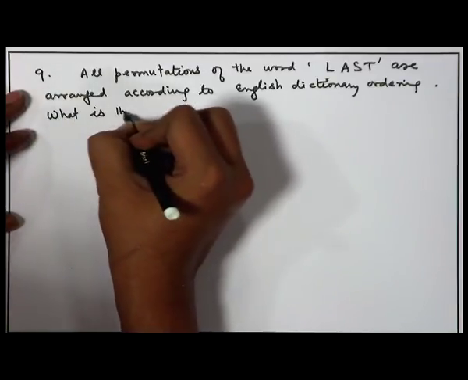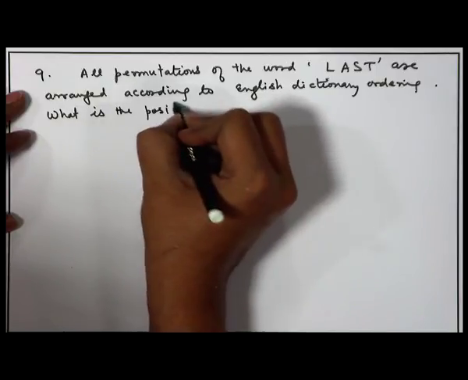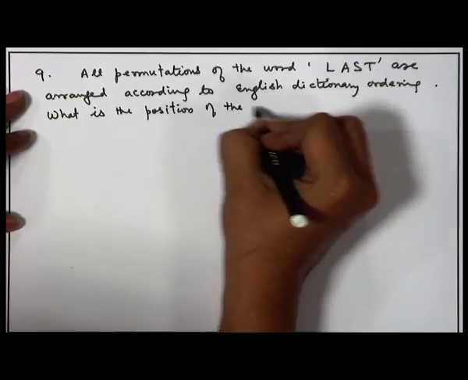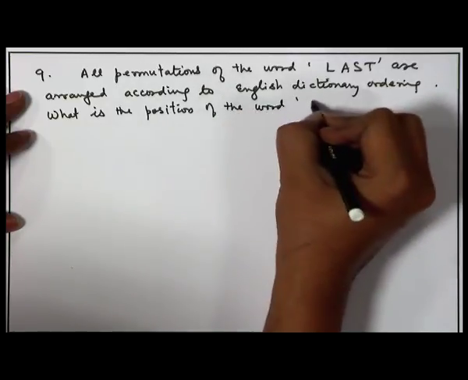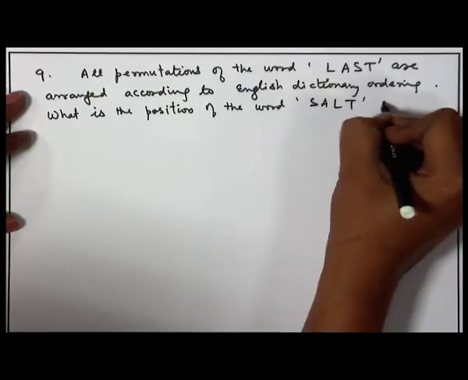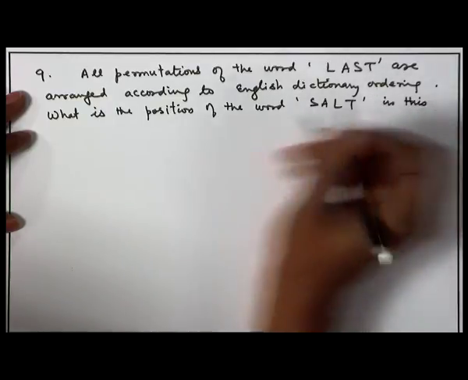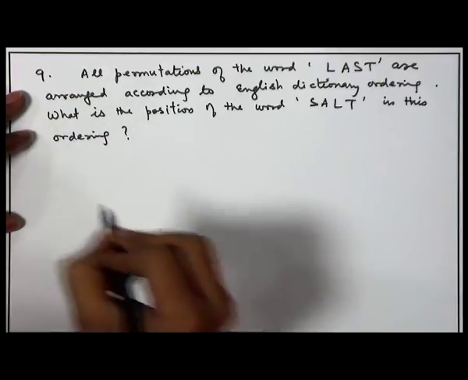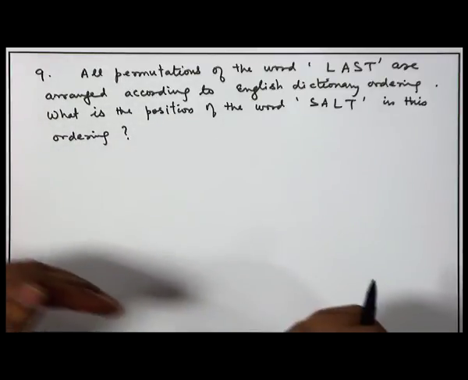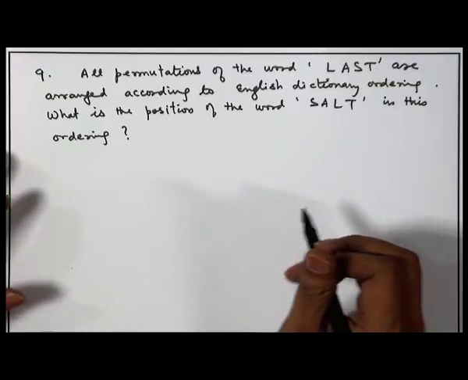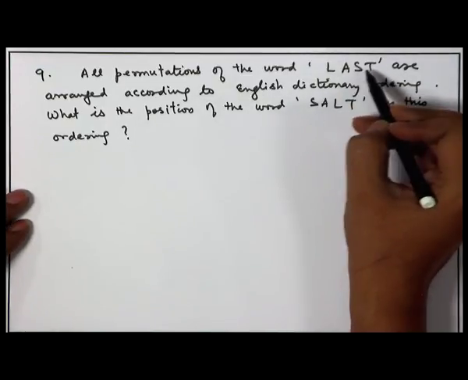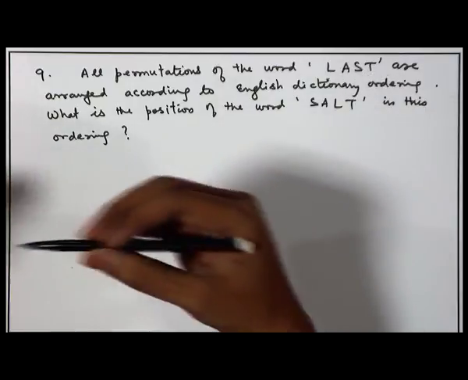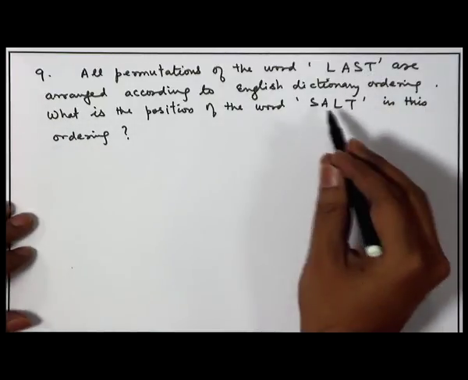What is the position of the word SALT in this ordering? If we write all of them together, there are 24 such words, because all letters are distinct, so 4 factorial. In these 24 words, what is the position of the word SALT?